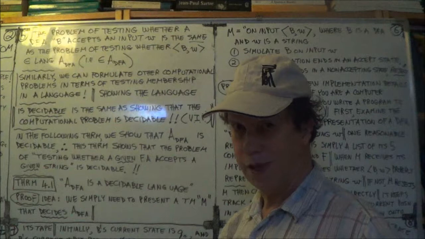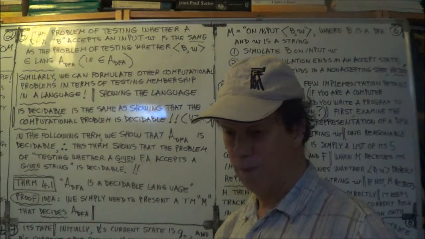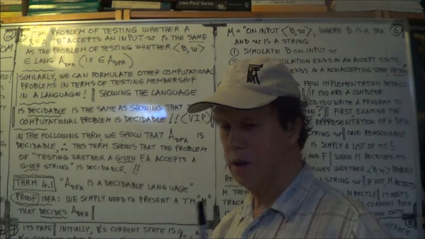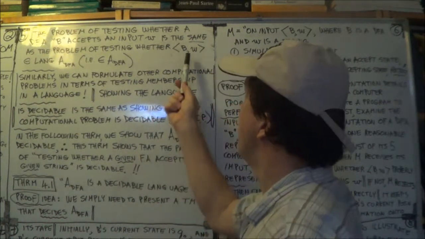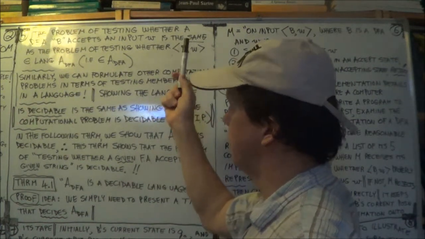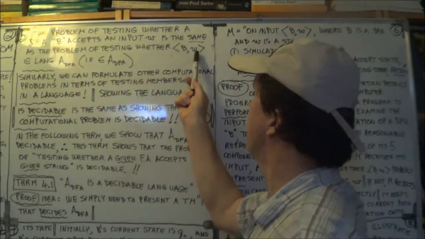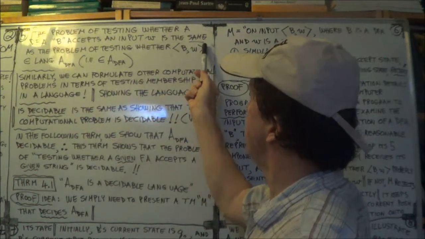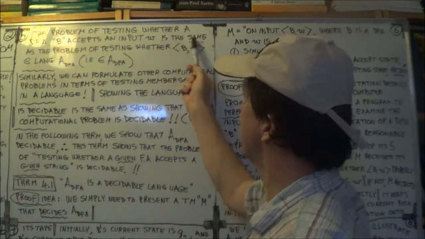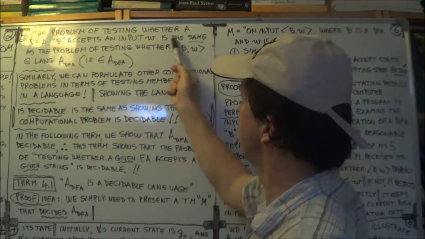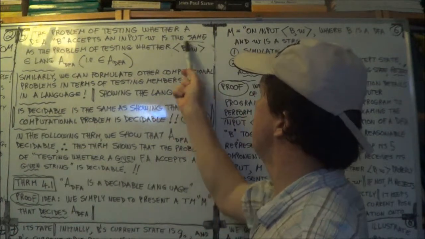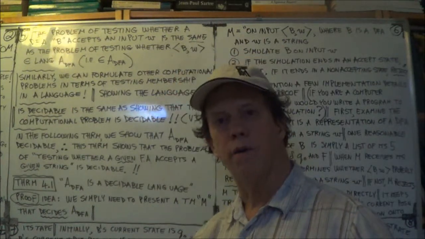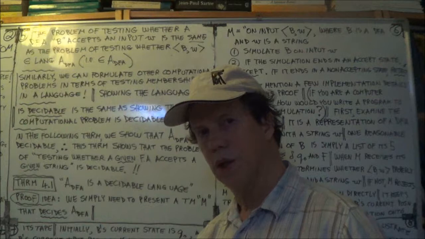Okay? So we're given an arbitrary B, just some arbitrary machine, and we're given some arbitrary string. We then form this string of this form, and then we go checking to see if this string is a member of the language.